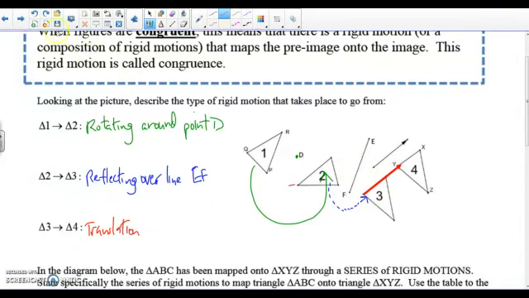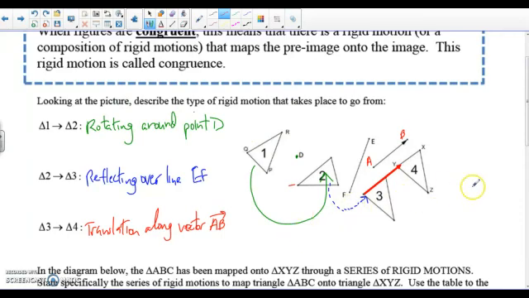And I guess I should name this vector here. Let's call this vector AB. It is a translation along vector AB. So that's a pretty specific way to state how we're going from triangle 1 to triangle 4.